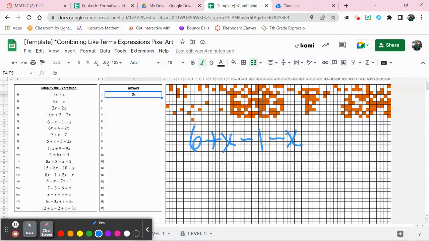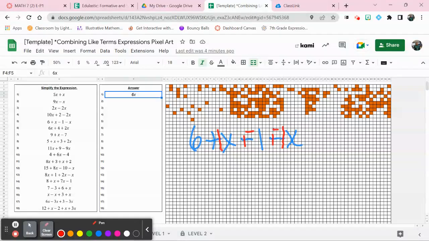I'm also going to put ones in front of any letters that don't have coefficients or numbers. So that's the first thing I'm going to do. Here's my first negative plus a negative. And I had an x by itself, so I'm going to put a 1 there. And then I'm going to go through, another one, plus a negative. And I'm going to put a 1 there.